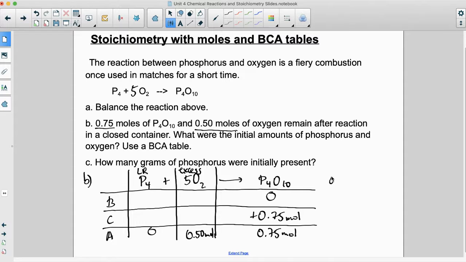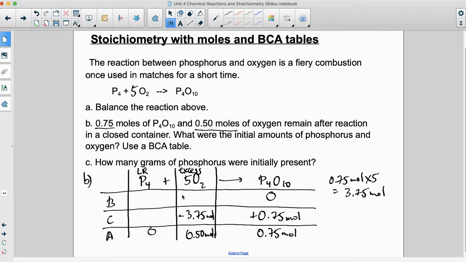So if I take 0.75 moles times 5, what is it going to be? 3.75. Right here. So I know that this must have been minus 3.75 moles.